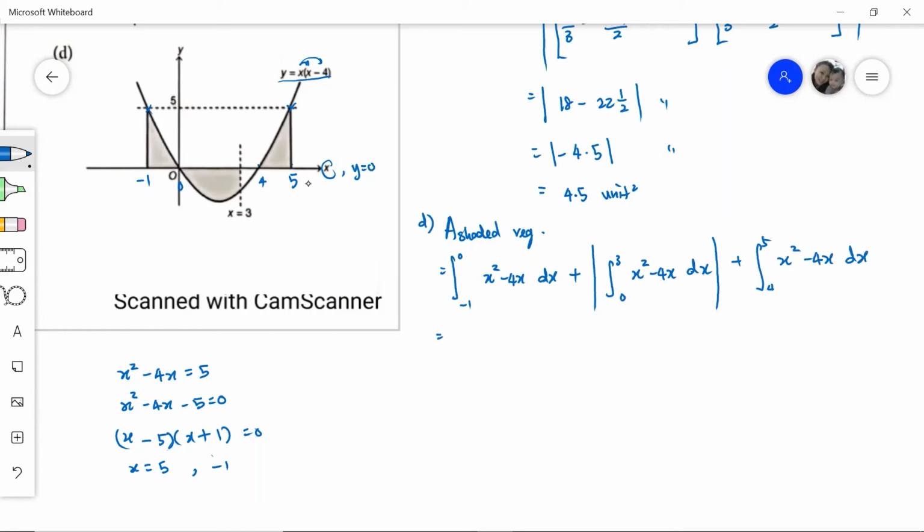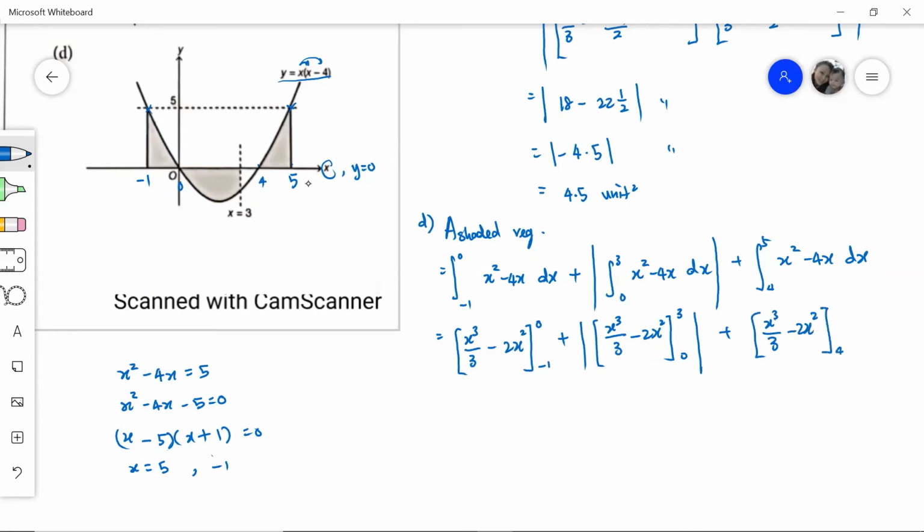All right, so let's integrate this. So we have x cubed over 3 minus 2x squared. So let's put negative 1 and 0 in, plus modulus. Same thing, x cubed over 3 minus 2x squared, we have 0 to 3. And then from 4 to 5, x cubed over 3 minus 2x squared.